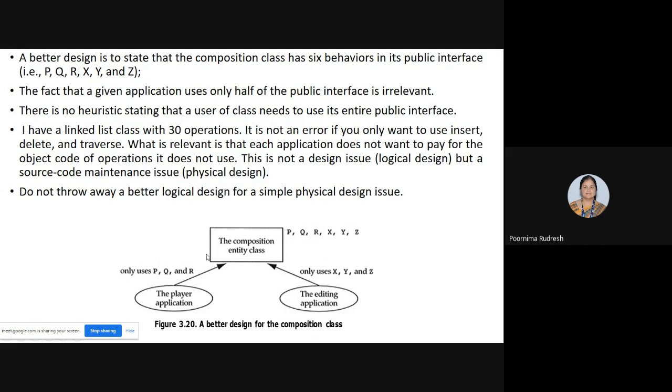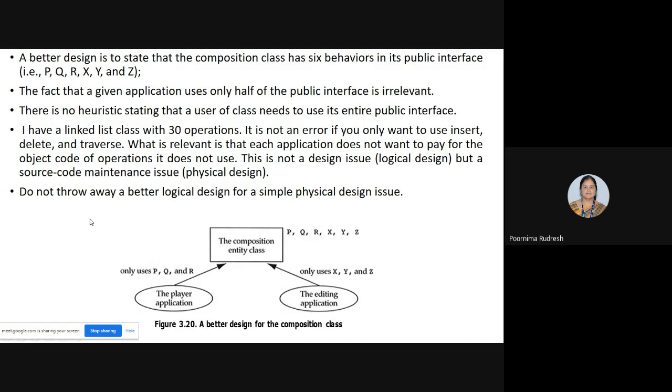But that does not belong to the user, because it is a design issue. Rather, it is not a design issue, but a source code maintenance issue, because even though we are using only 3 behaviors or operations, the code related to all 6 operations needs to be maintained.